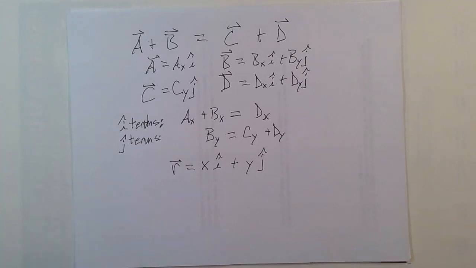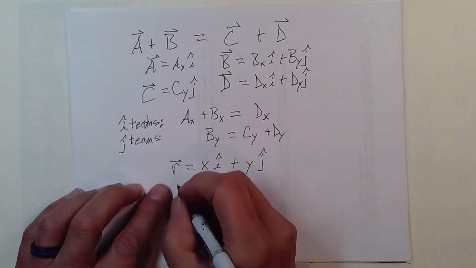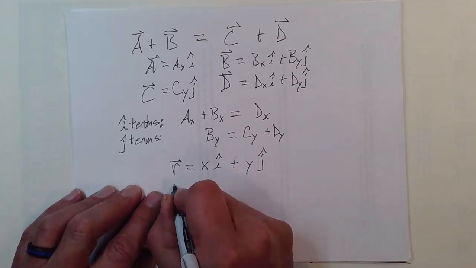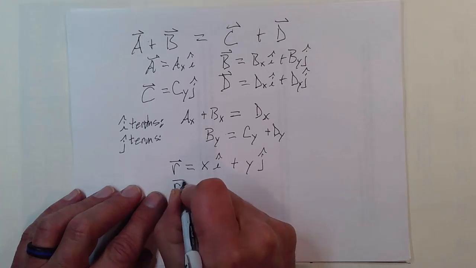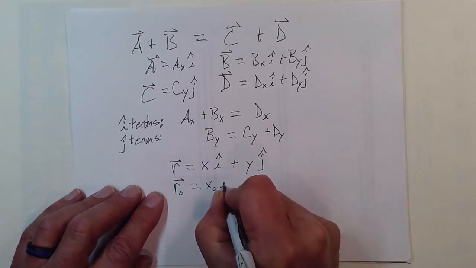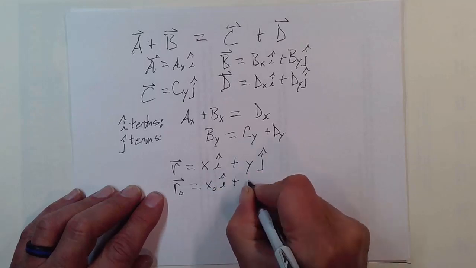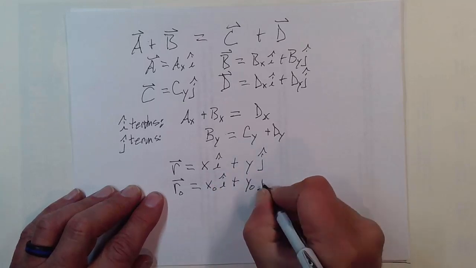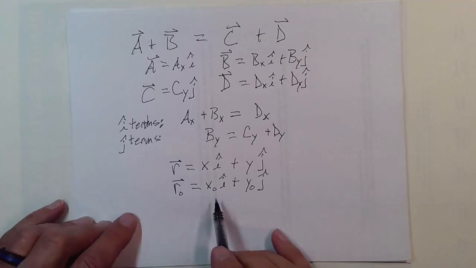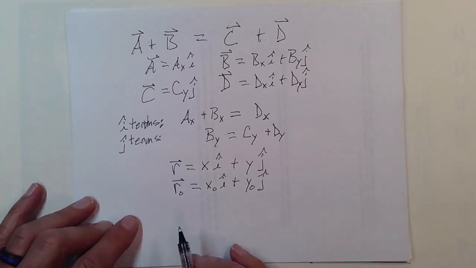That's what makes this stuff interesting. Okay. Then we'll have a velocity vector. Actually, we can have an r naught vector. Okay. This will equal x naught in the i hat direction plus y naught in the j hat direction. Some of these things might be zero. Some of them could be positive, negative, all sorts of different possibilities. But in general, this is what it could look like.